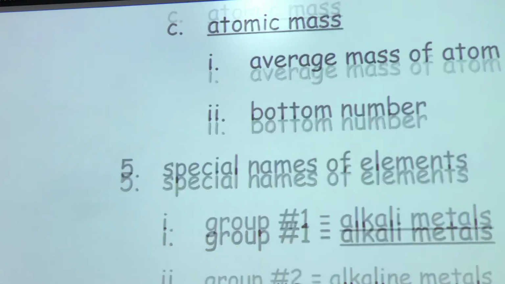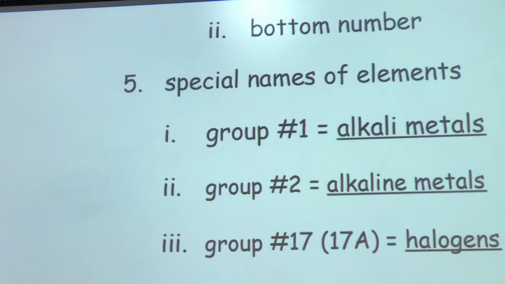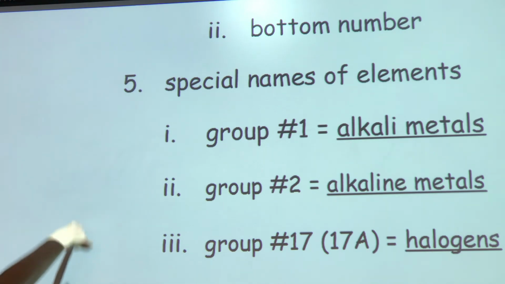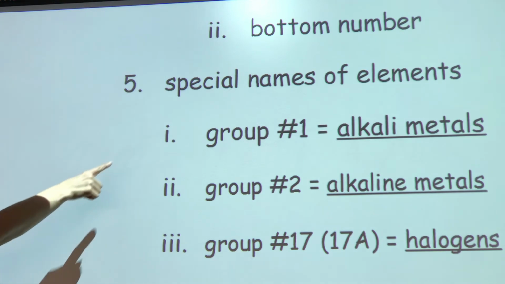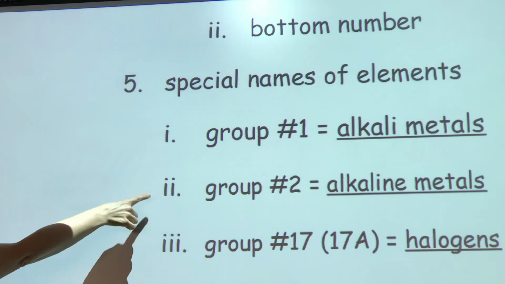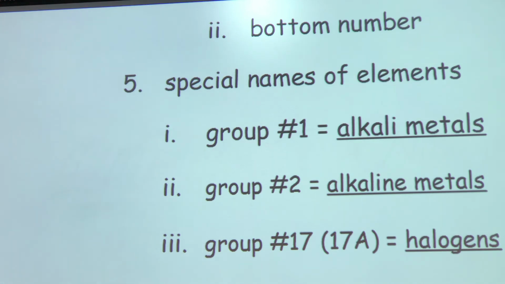You will need to know that there are special names given to certain groups. For instance, group 1 is called the alkali metals. So again, groups and families go down. Group number 1 is the alkali metals. Group number 2 is called the alkaline metals.